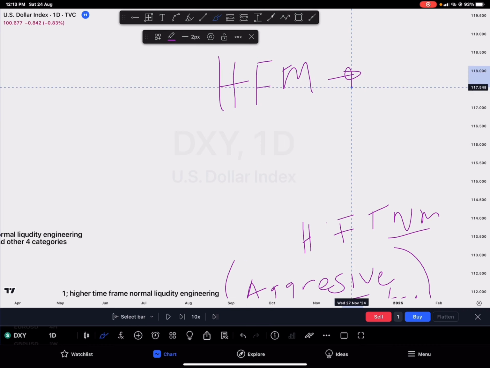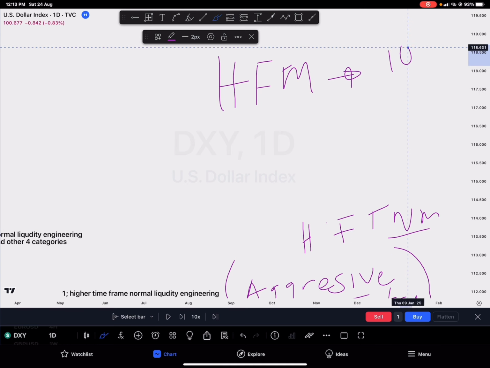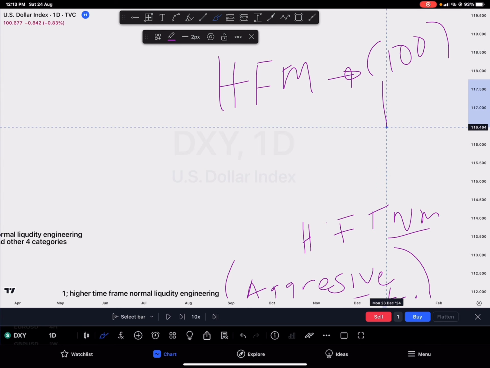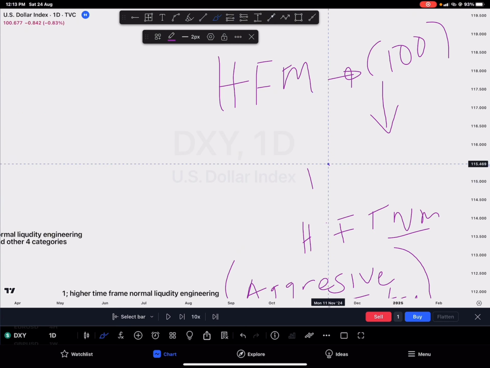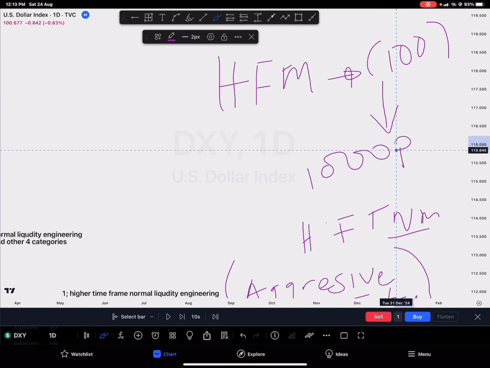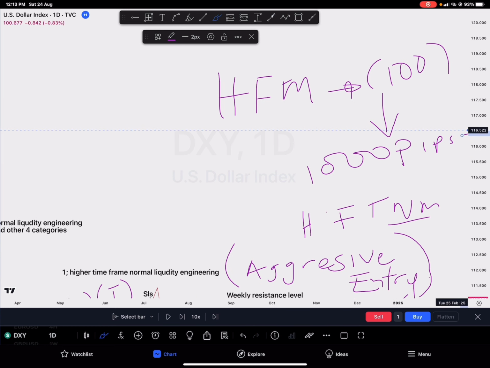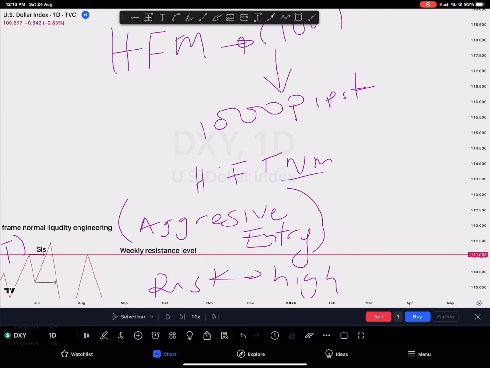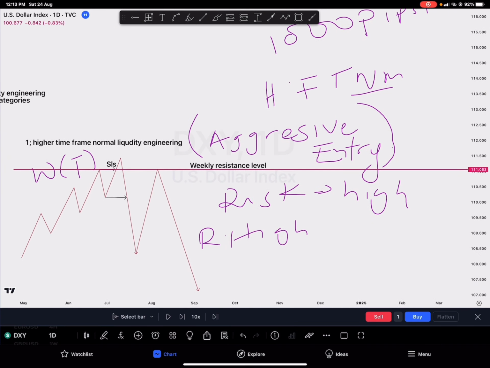We always risk 100 pips plus, not more than that, but the reward we are targeting is 1,000 pips plus, on the weekly time frame.